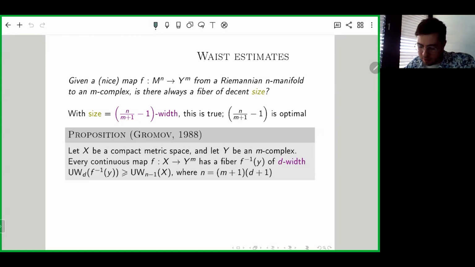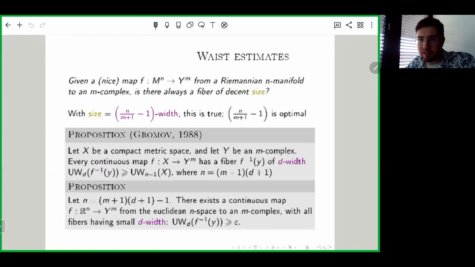And as I said, the proof is really, really simple, basically from some equivalent reformulation of the definition in terms of coverings. And as I said, this proposition cannot be improved. I haven't found this written down anywhere, so I wrote it down myself.